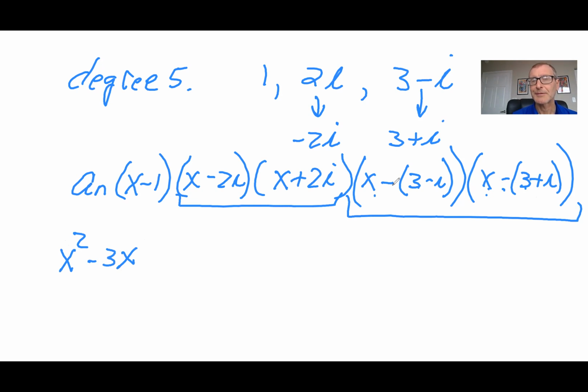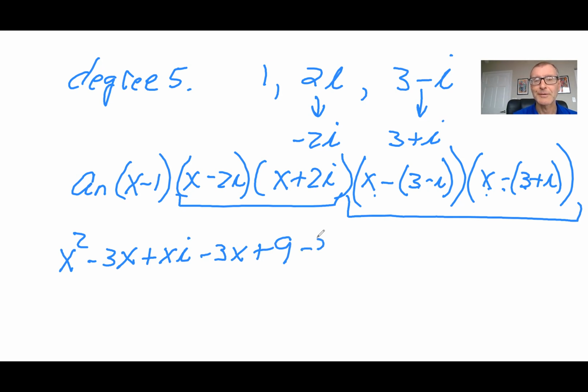And these are two negatives, so that would be plus xi. So let's do this minus 3. Minus 3 times x is minus 3x. Minus 3 times minus 3 would be plus 9. And then minus 3 times plus i would be minus 3i.